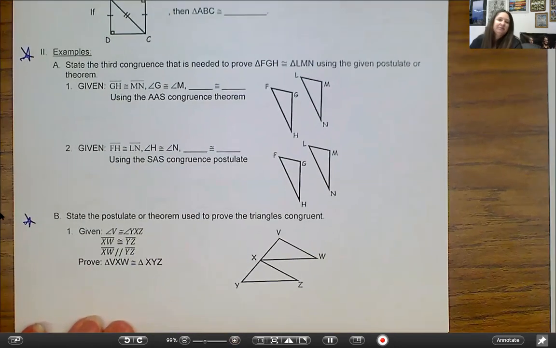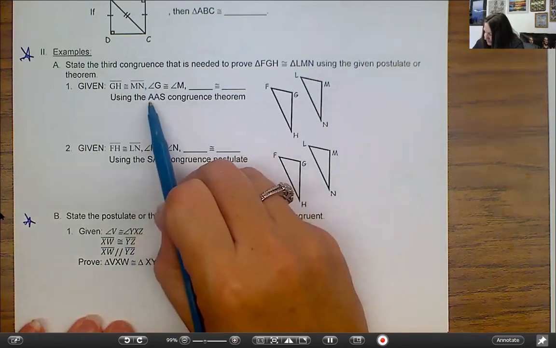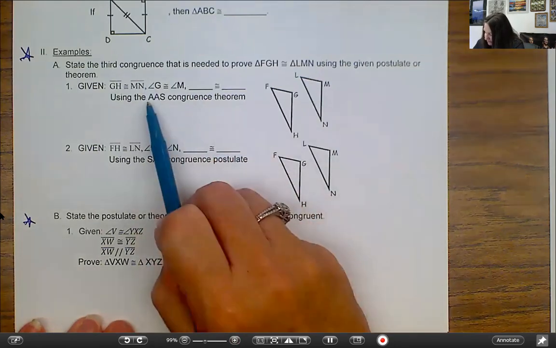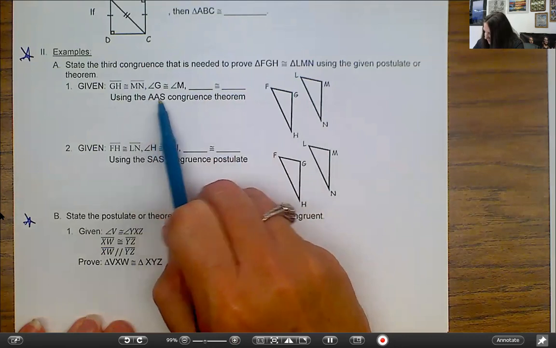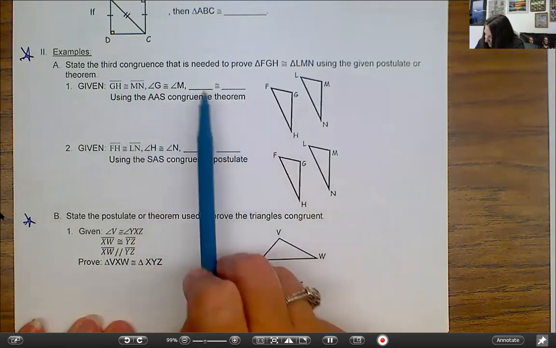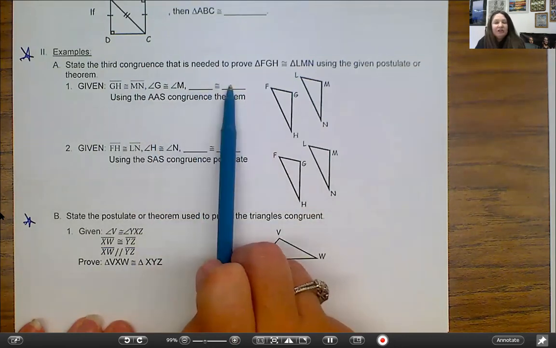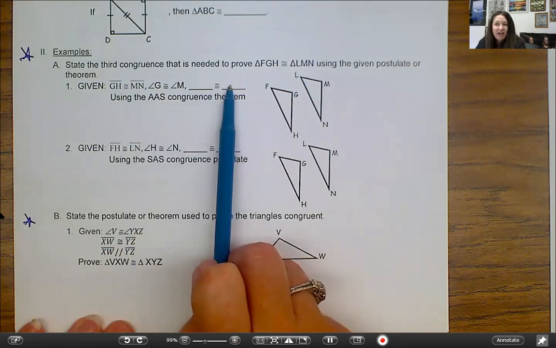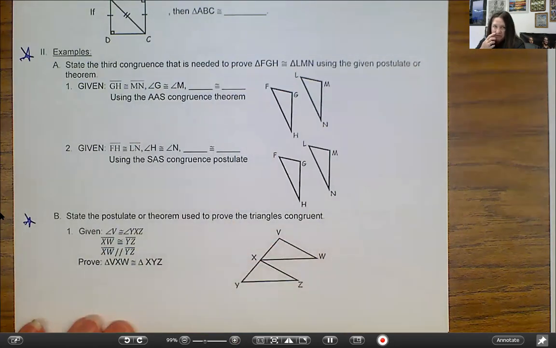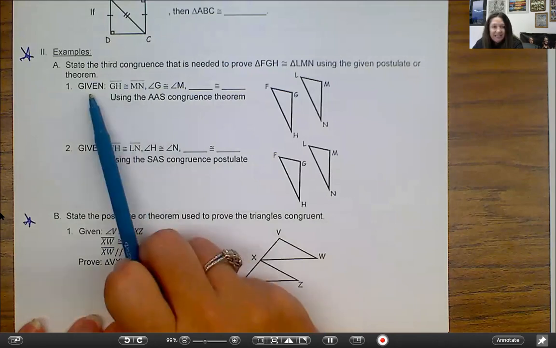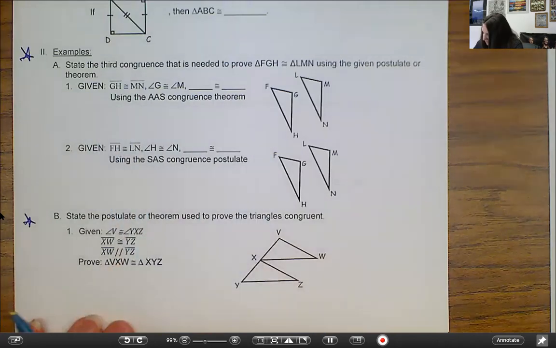So here, what we want to do now is prove our triangles congruent with a certain case. If we were going to use that new one, angle, angle, side, what would have to be that third congruency statement so that I could make that case in that proof? We'll always take given information and mark it on your diagram.